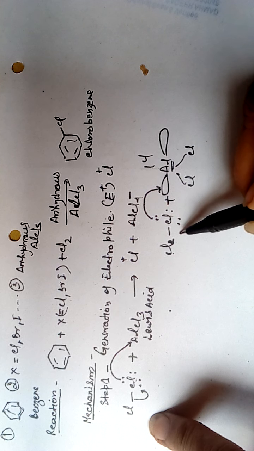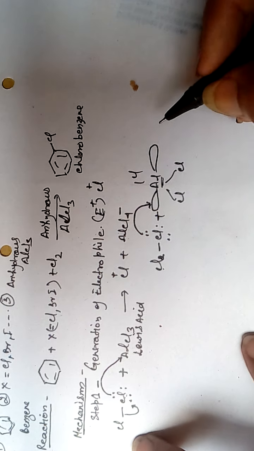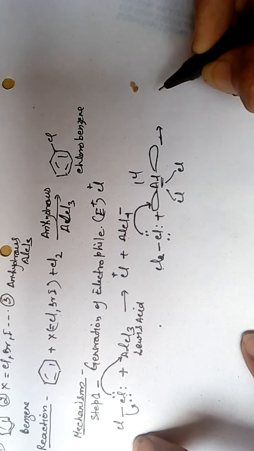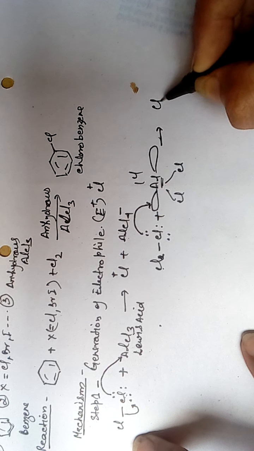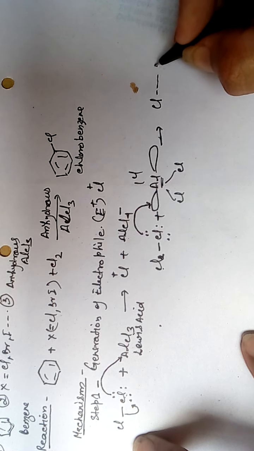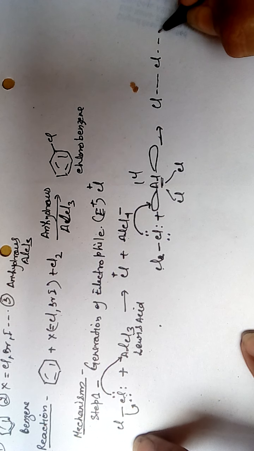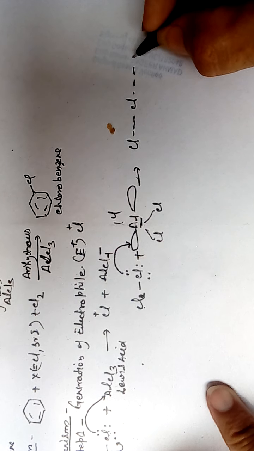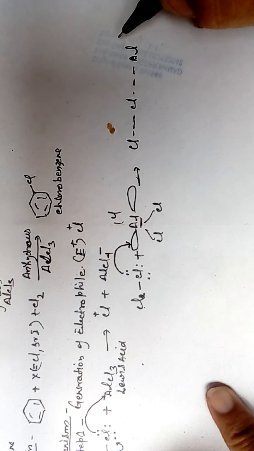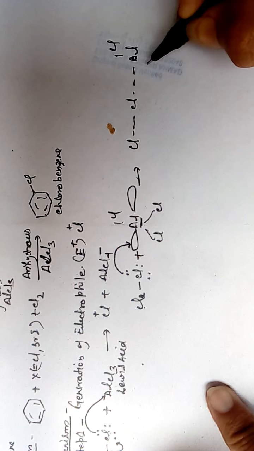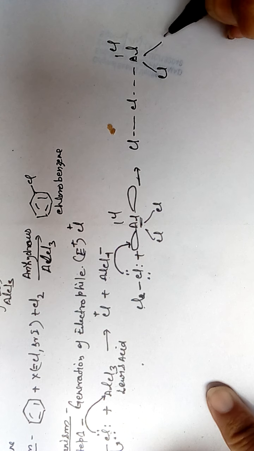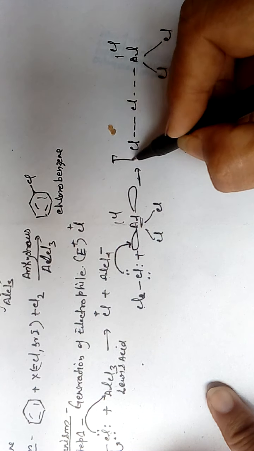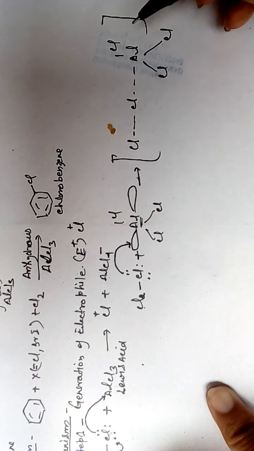Now the transition state comes. We can write that this bond is broken and the bond between Cl and Al is formed. This is called the transition state.